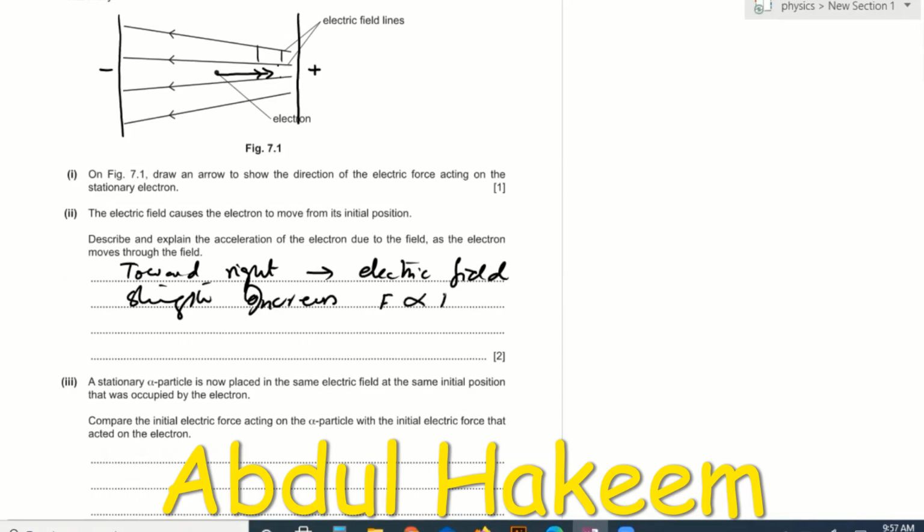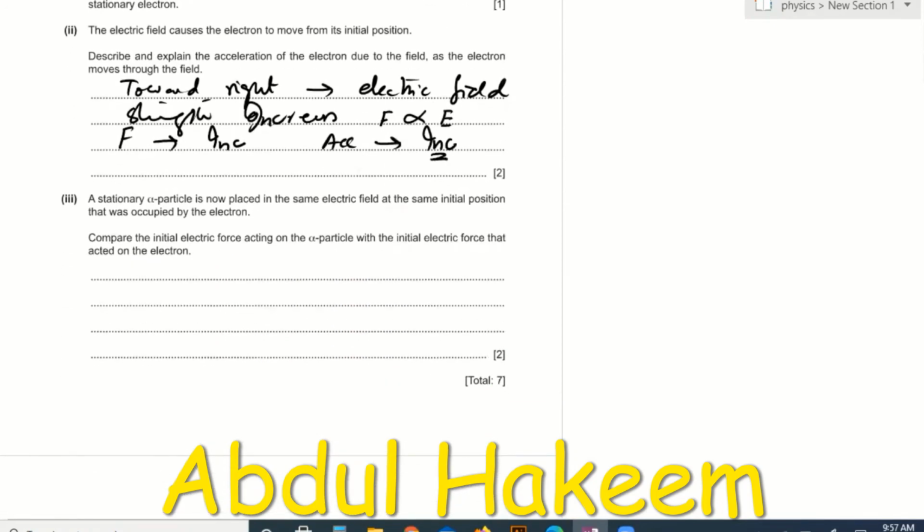Force is directly proportional to electric field strength. Hence, the force experienced increases. When force increases, the acceleration of the electron also increases.